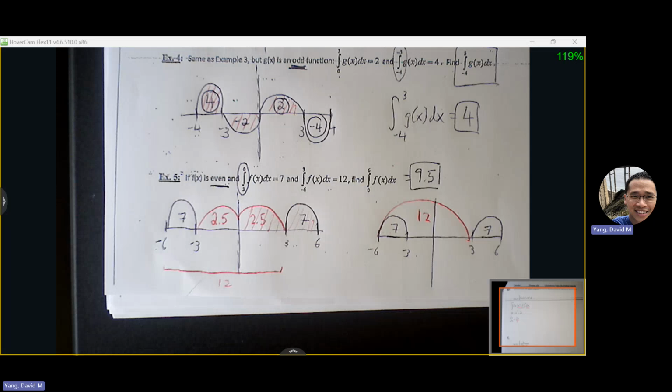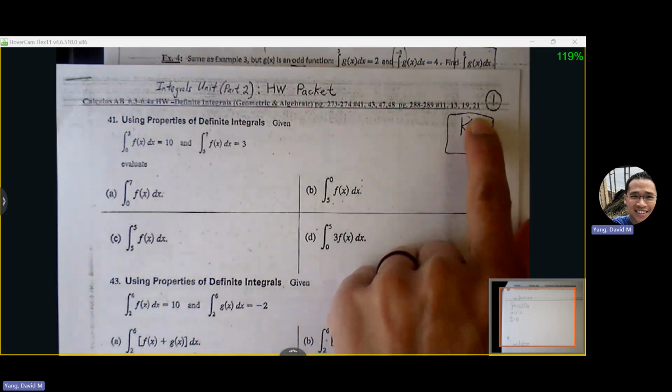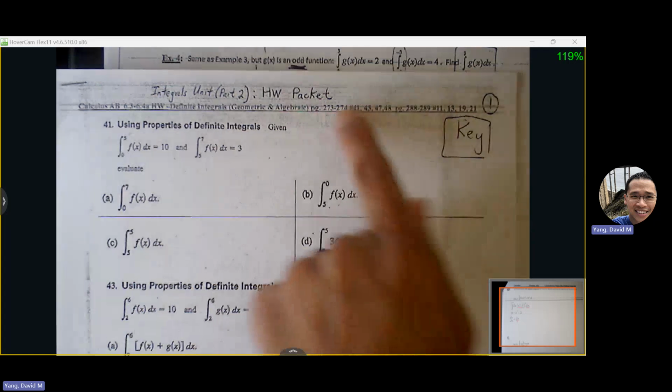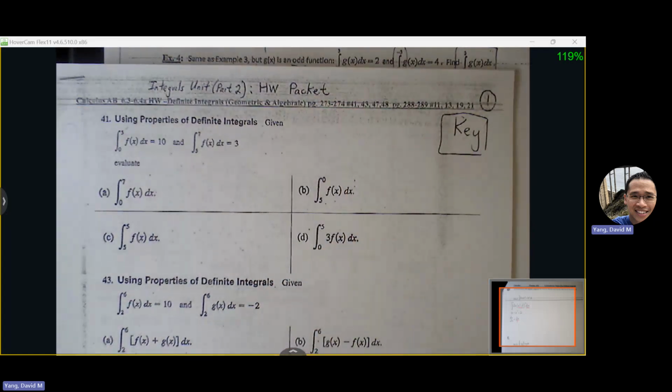Now, for homework, I would like for you guys to go back and finish in your review packets, or your homework packet, pages 1 through 4. This is the topics that we covered last week. So pages 1 through 4. Come up and get your phones. If you don't have the homework packet, you guys can pick one up.